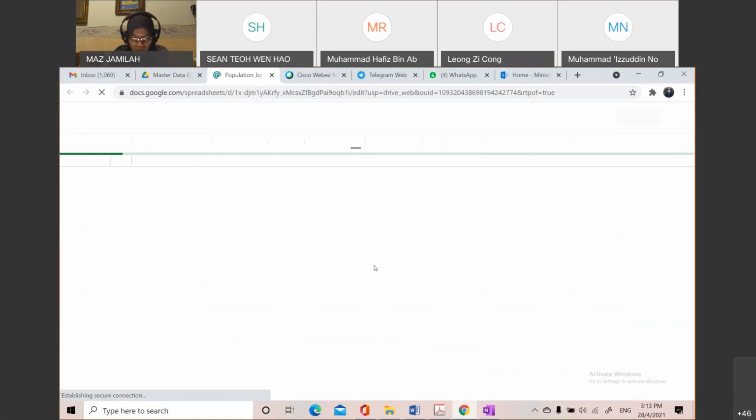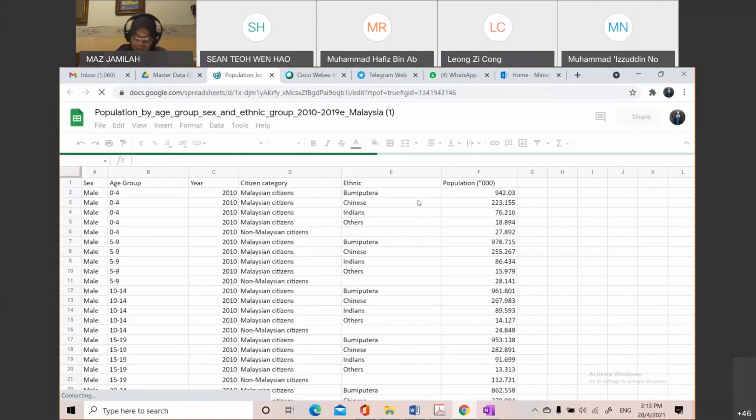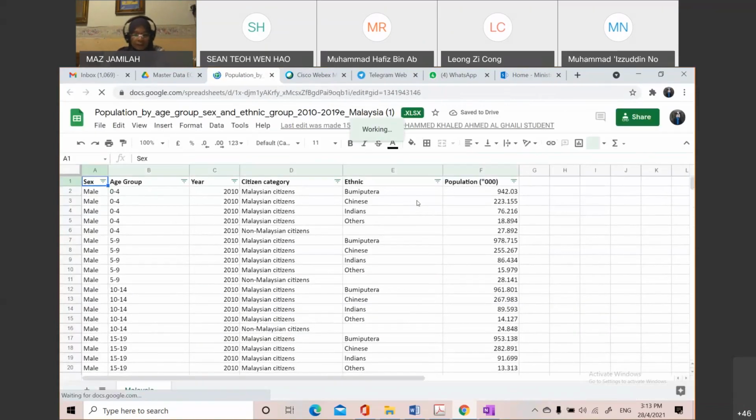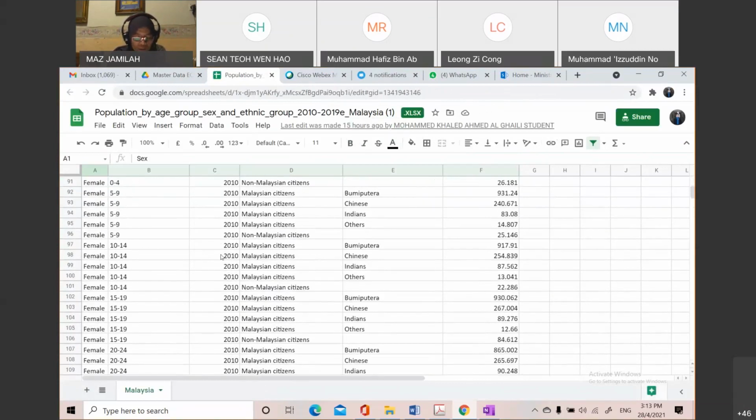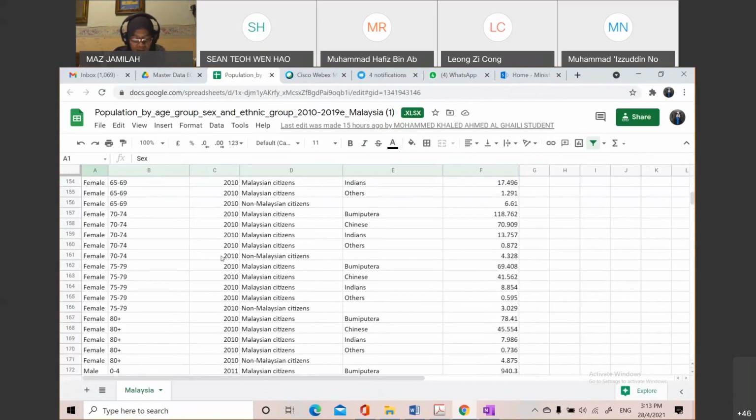Okay. In your case, because you have very many options to do for this particular data set, you can focus on a certain perspective of what you need to highlight.